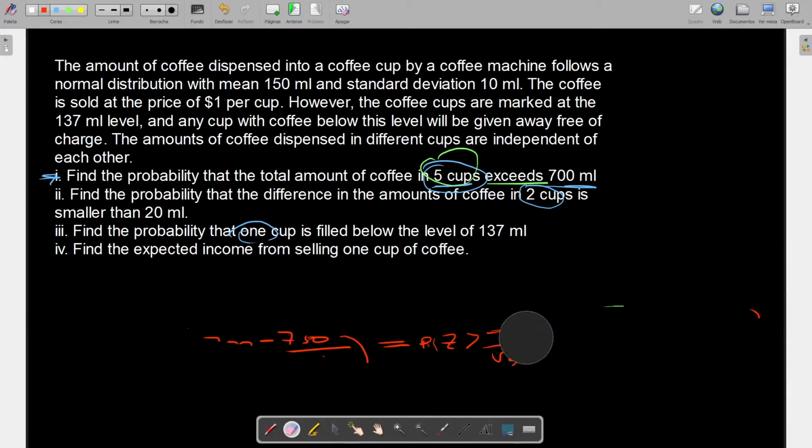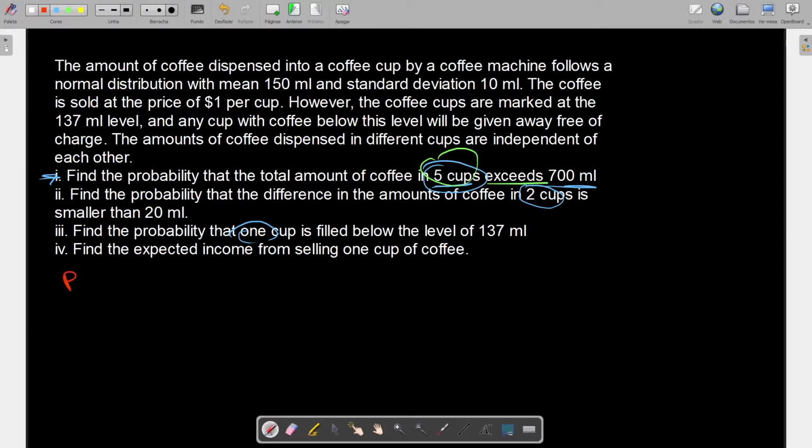So before we dive into any more calculations, we need to know a couple of things. When you have a situation like the probability that Z is greater than minus x, every time that you have this, you change the sign. This is the trick that you can use in order to not make any mistakes in these exercises. So if you have a negative, you change it, so it's Z less than x.